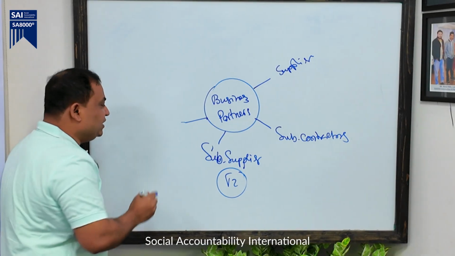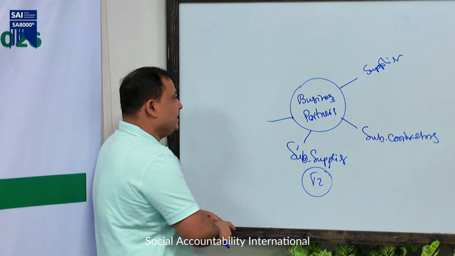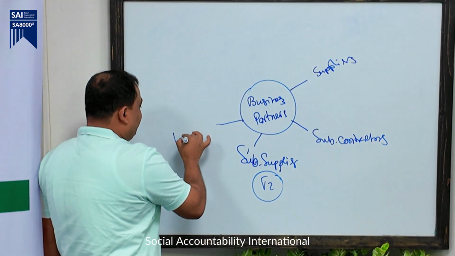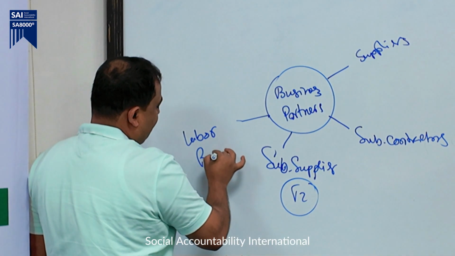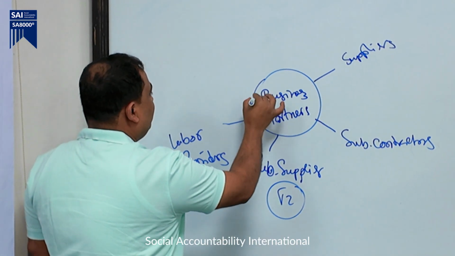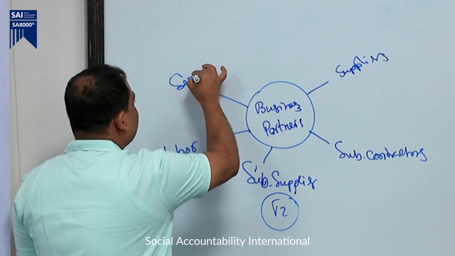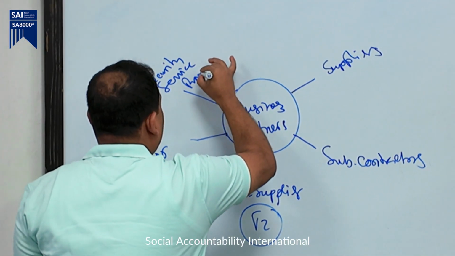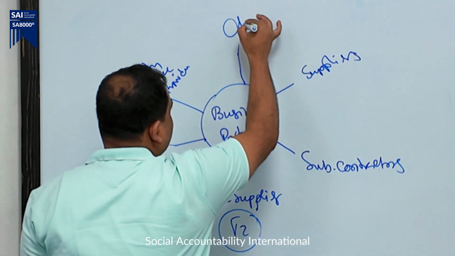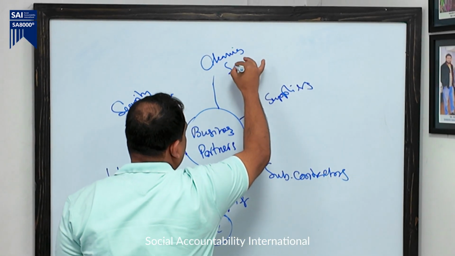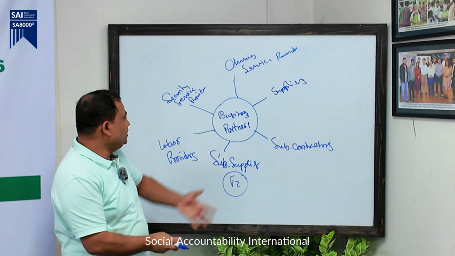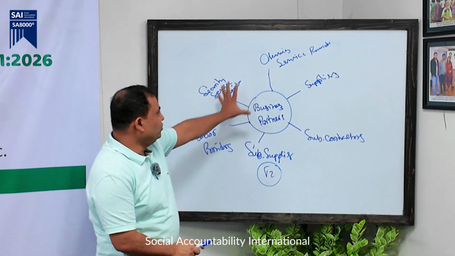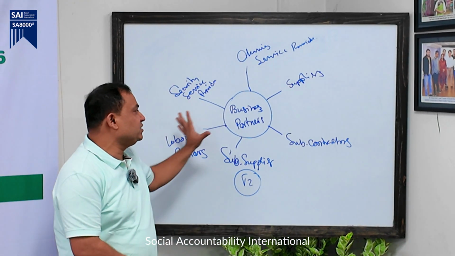There can be other service providers as well, like a labor provider, a security service provider, or a cleaning service provider. We can understand from this figure who are the examples of business partners.